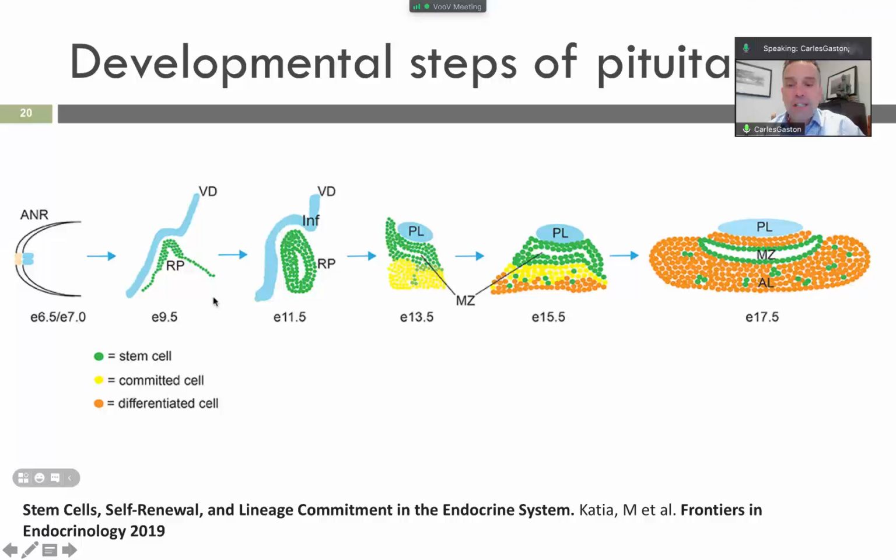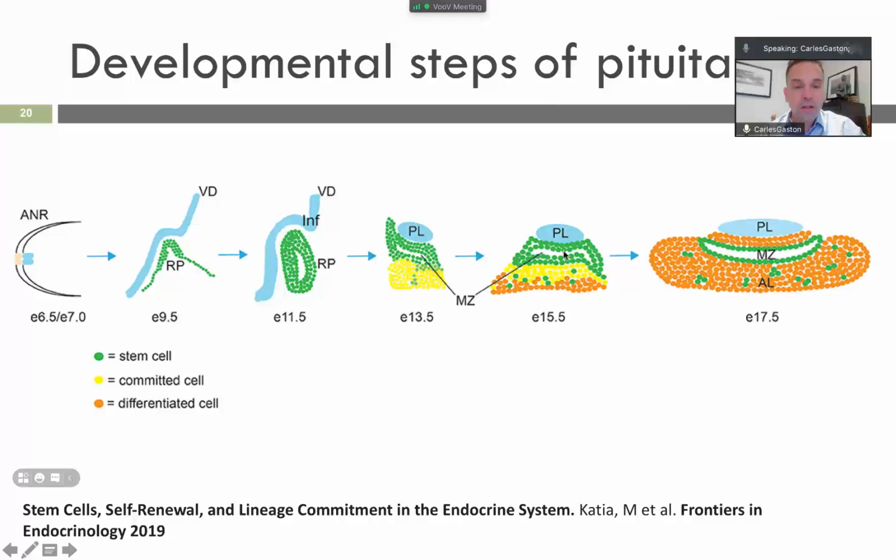Then this pouch evaginates and forms a definitive pouch, and then forms at E13, embryonic day 13, this structure which contains the posterior part of the pituitary with the green cells that contain the stem cells of the future pituitary. In yellow, we have the committed cells, so the stem cells start cell lineage determination and undergo differentiation.